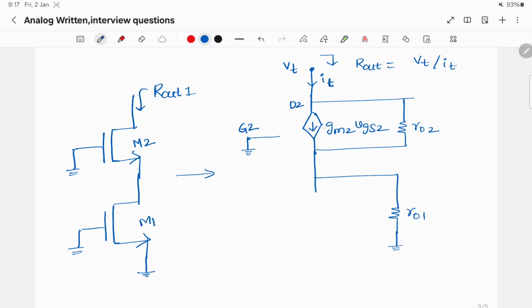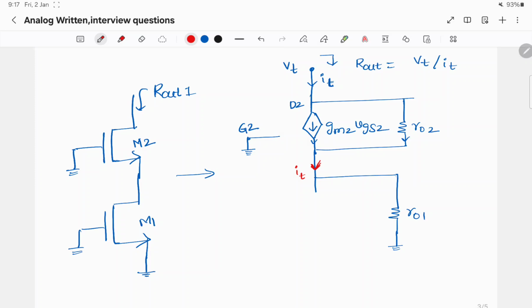By KCL, let us say this is some current and this is also some current. The sum of these two currents, the entering current here, is IT. If we apply KCL here, the sum of these two currents has to be IT. So the current flowing here is IT.